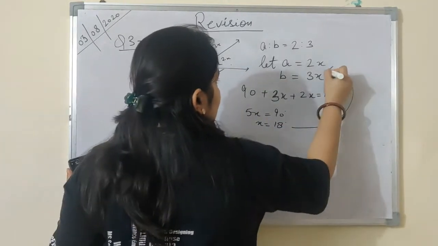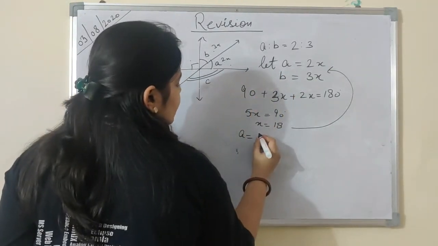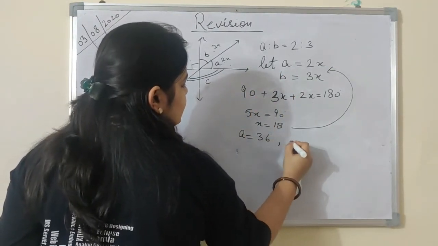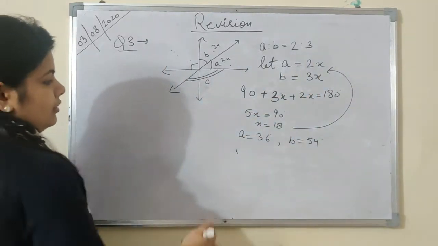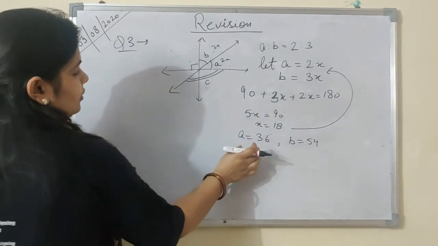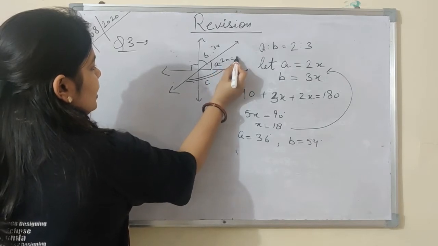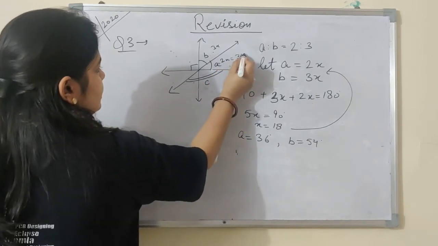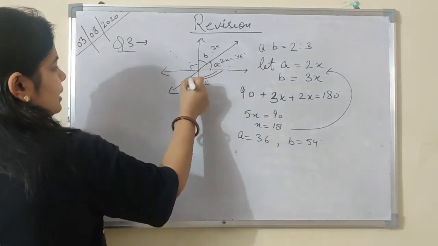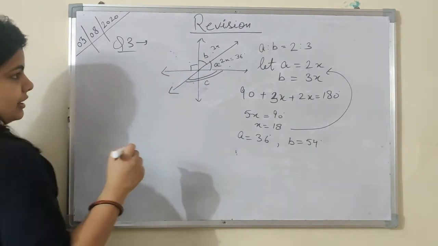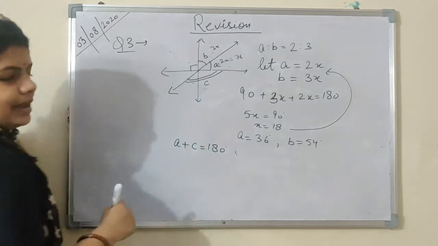Now, after putting our value of x here, we will get the value of A. That is, we will get A as 36 degree and B as 54 degree. You can put it and solve it, and you will get this only. Then after finding this, now we have to find C. As we have got our value of A, that is 36 degree, with the help of this line, we can say that A plus C is making a linear pair over here.